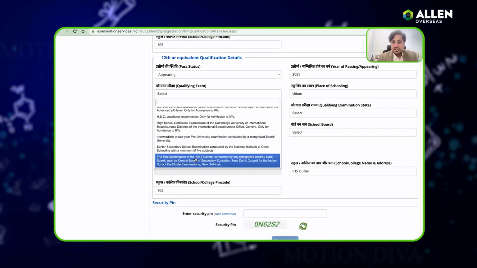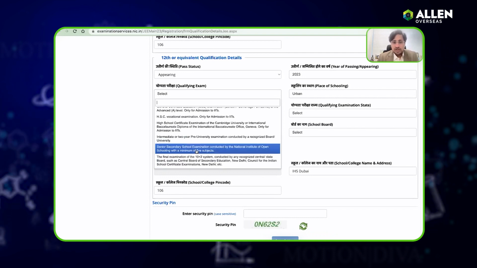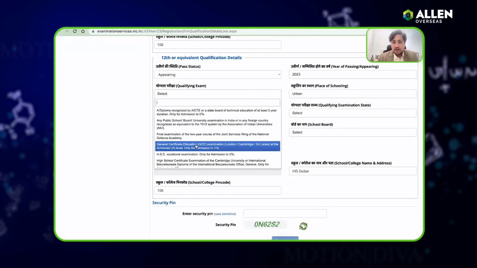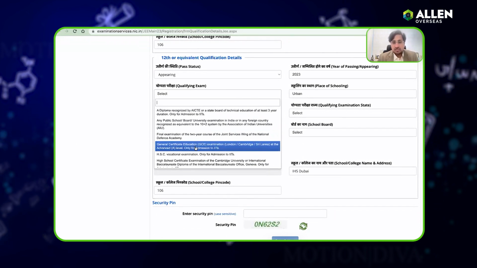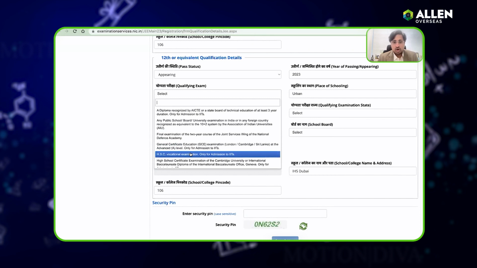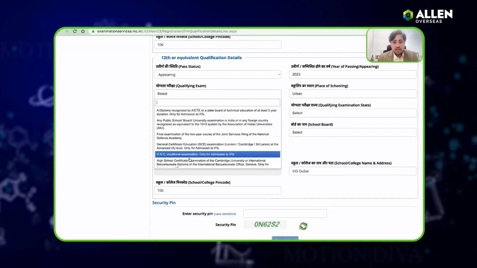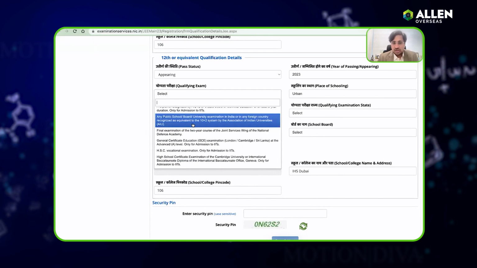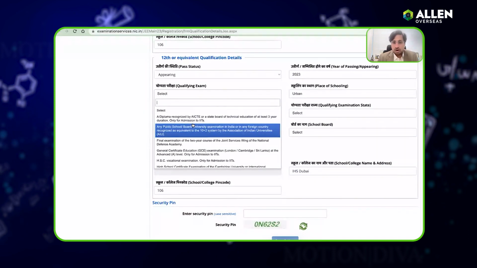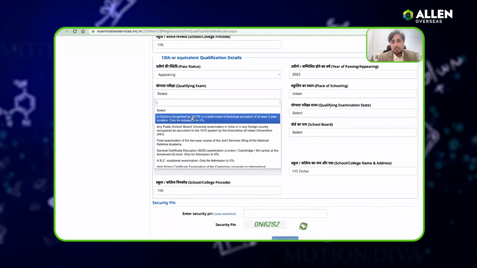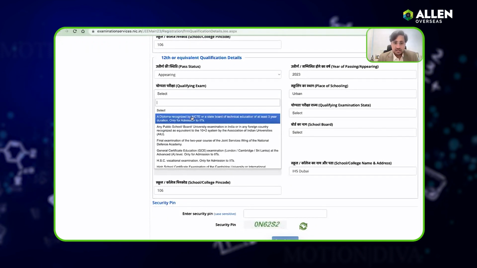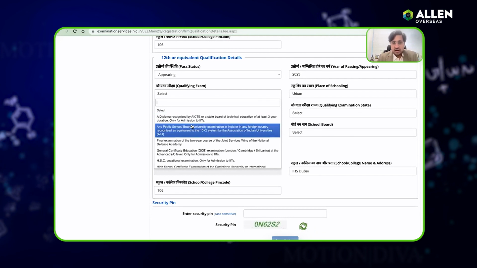So for CBSE, you can select this: open schools, intermediate, high school, GCE from London, Cambridge, any of these boards, HSC, Cambridge board, Cambridge University, any recognized Indian universities, or in any foreign country, any diploma. See, sometimes diploma students can also apply for this examination. So these are the available options.